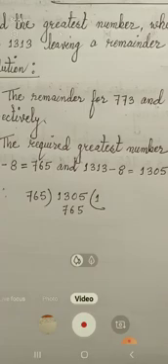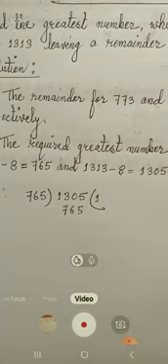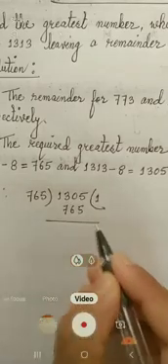We can't divide two times, because two times will give 1530, which is greater than 1305. It is not possible to divide by a greater number, so I put one time, which is 765.